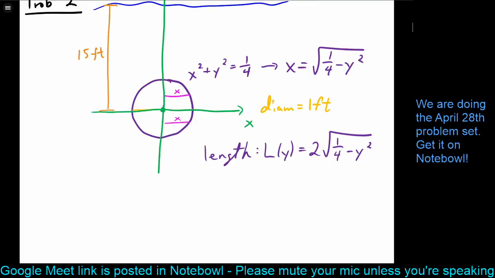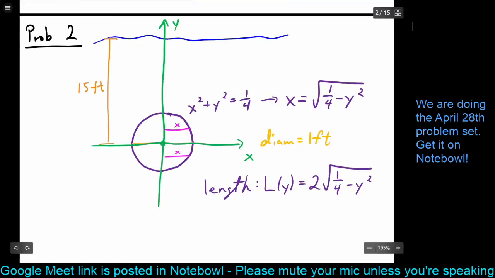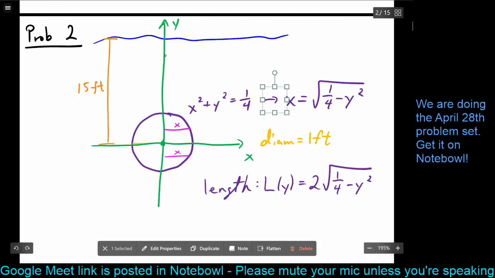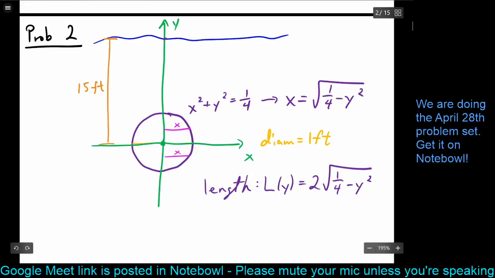Now the question is, how do we find the depth function? We need to find the distance from any point here to this point up here. Any y value up to here. Actually, that's not too difficult to do.